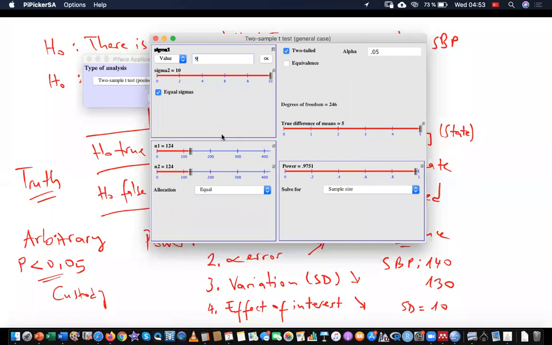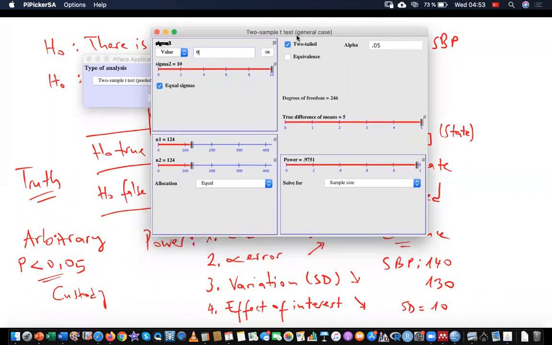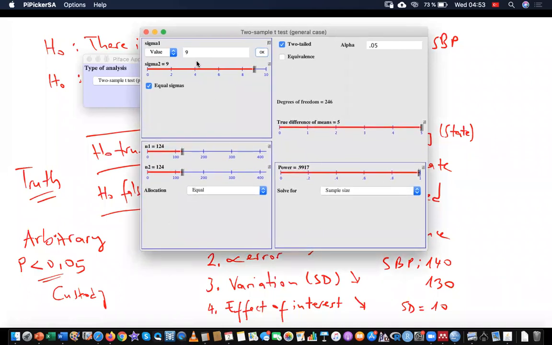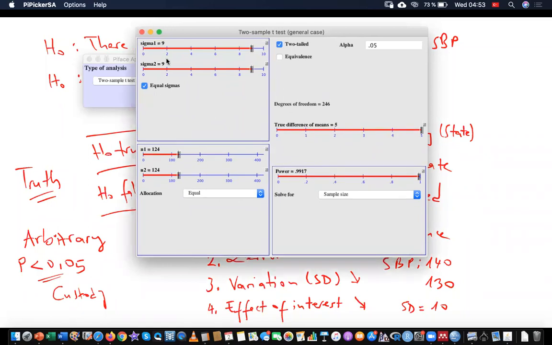If you have lower standard deviation, your power will increase because the standard deviation and power have an inverse relationship. Instead of 10, if I make it 9, you see my power has increased again to 99%.